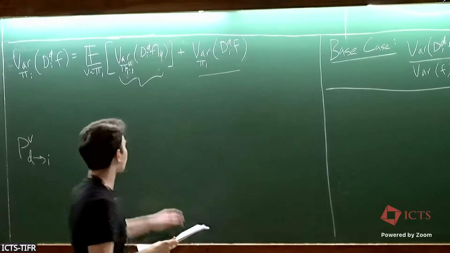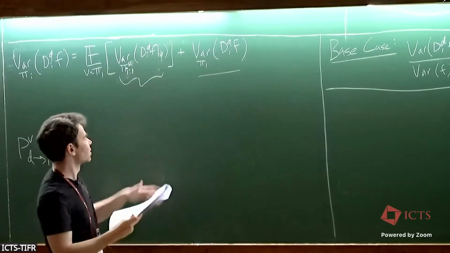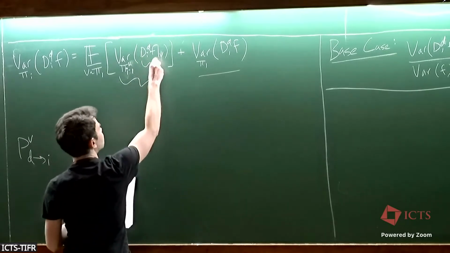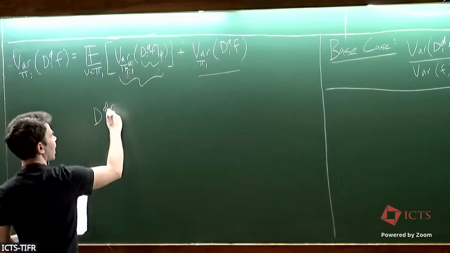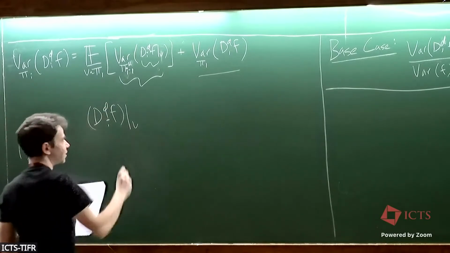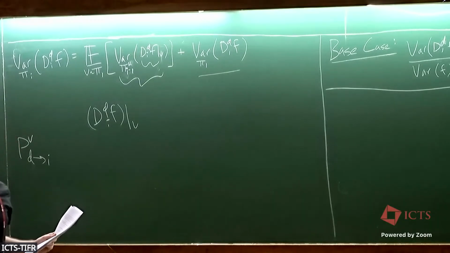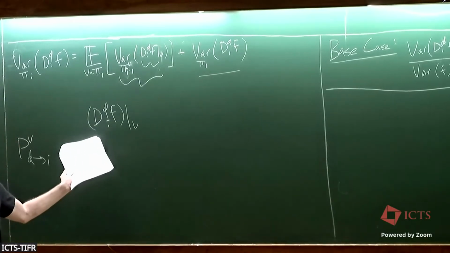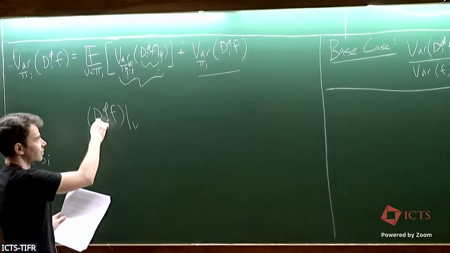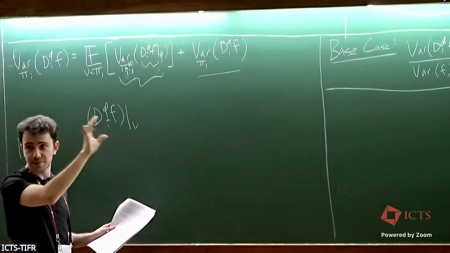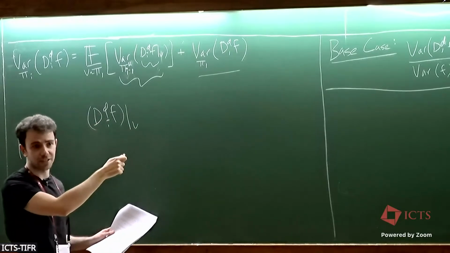But formally, as I've written this here, what is this inner term? I have DDI of F, this whole thing restricted to V. This is some function on the link of V, but it's not necessarily the down operator on the link complex V applied to F restricted to V. That's what we would have a bound on.